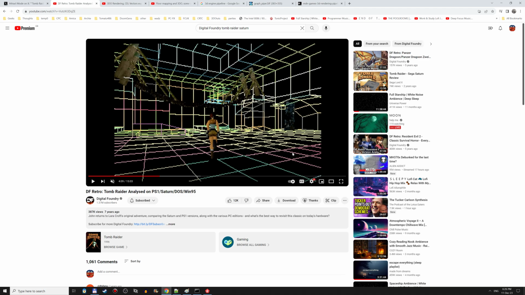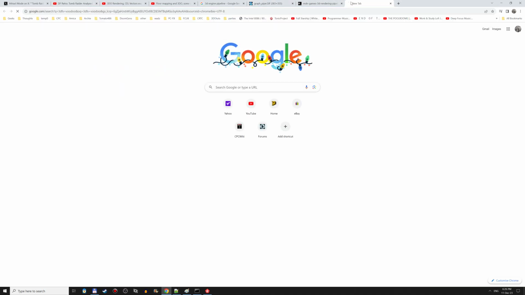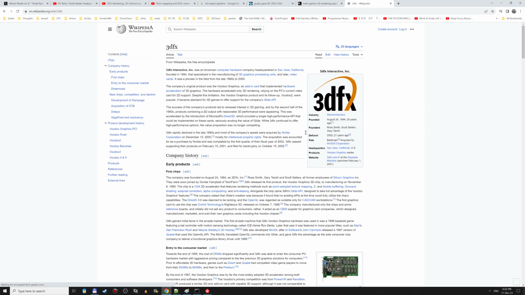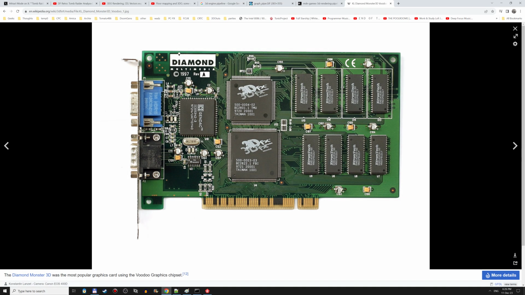On the PlayStation 1 and modern engine, you have the same thing. I mean, you would think a 3D effects would do. No, Diamond Multimedia 3D effects.